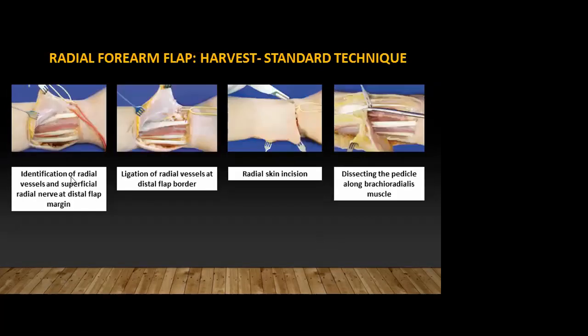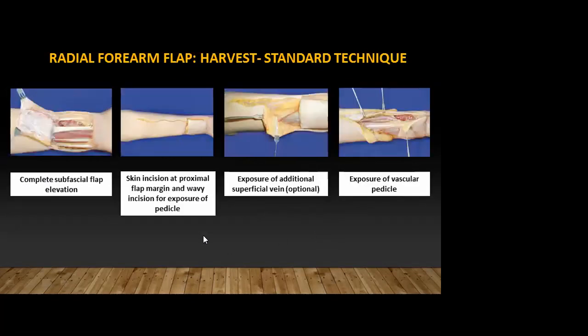Then we have to identify the radial vessels and the superficial radial nerve at the distal flap margin, and ligate the radial vessels at the distal flap border. And we will carry on with the radial skin incision. Dissecting the pedicle is done along the brachioradialis muscle. After completing the subfascial flap elevation, the skin is incised at the proximal flap margin, with a small incision for exposure of the pedicle.